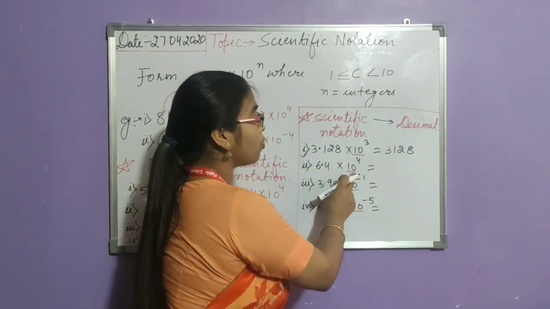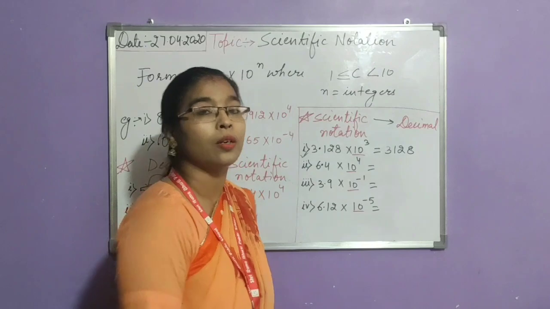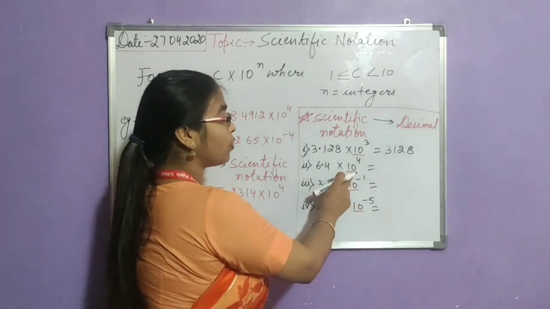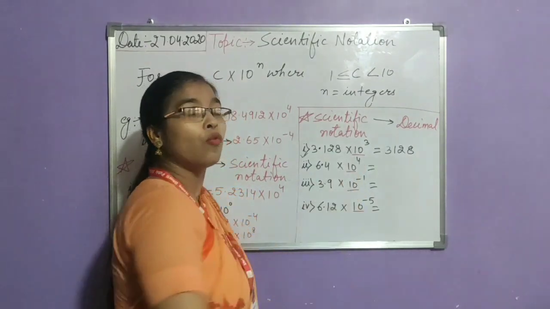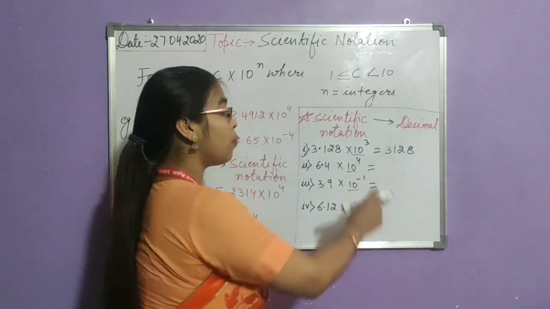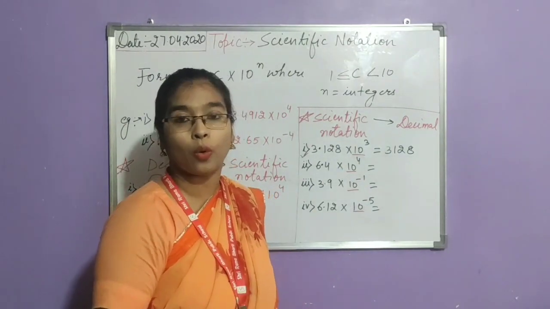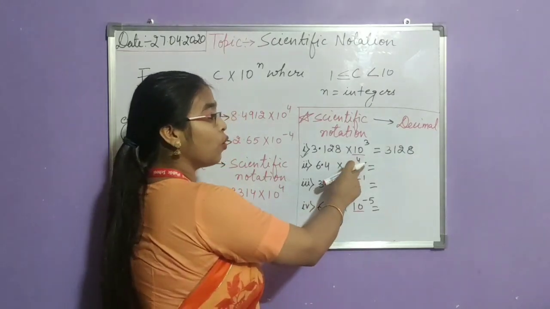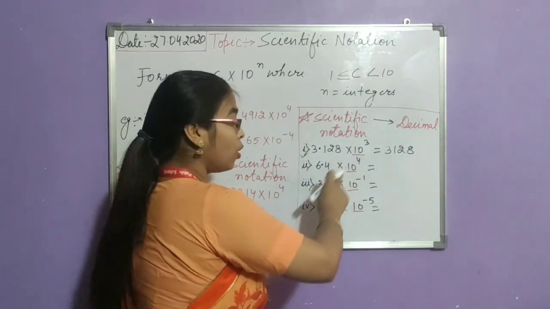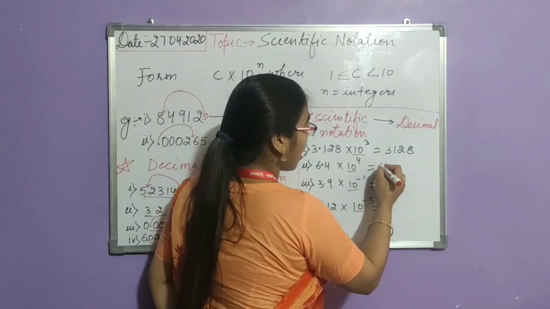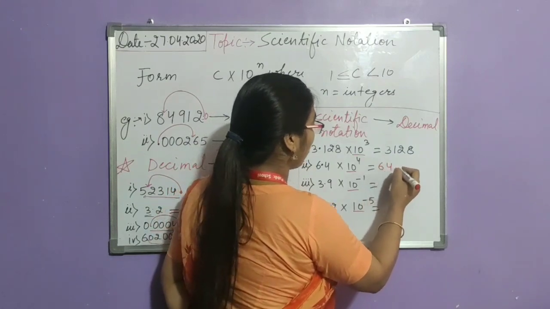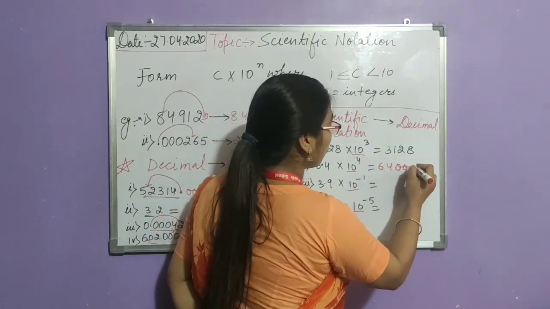Okay, now see the second example. 6.4 into 10 raised to the power 4 is there. So in order to remove 10 raised to the power 4, what do we have to do? Here the positive sign is there, so we have to use 0, 0, 0 in order to get 4 digits. So its answer will be 64123.